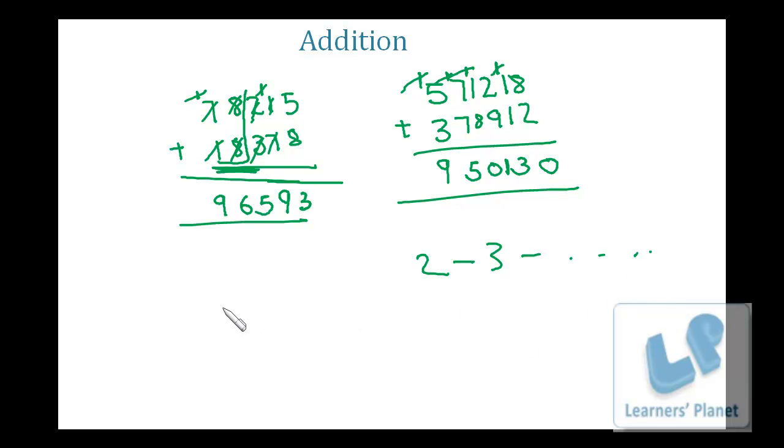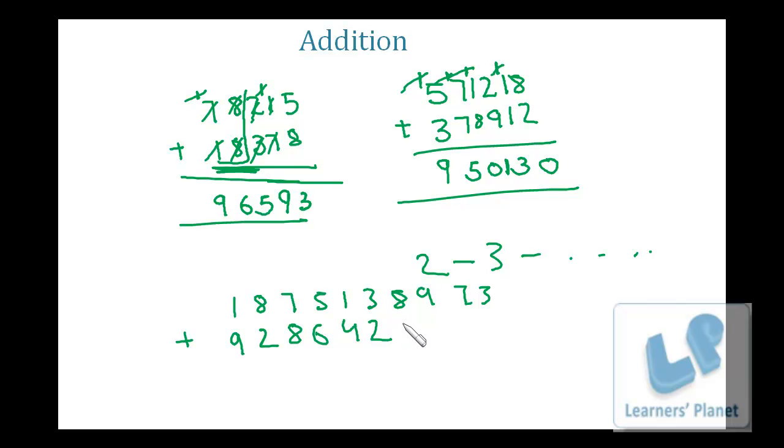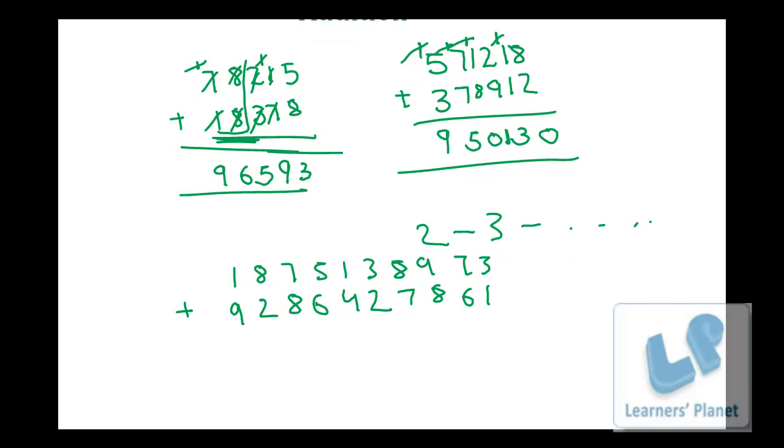Suppose you have a number like 1875138 plus 92864278661. You can add even this. Wait, we'll just try this one.